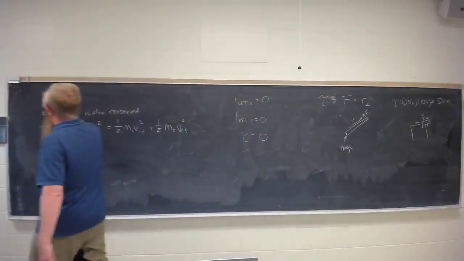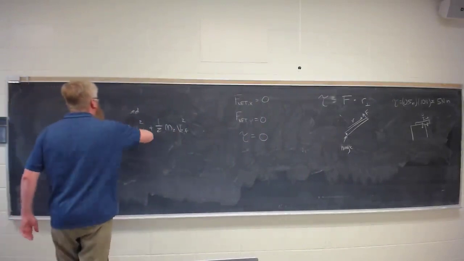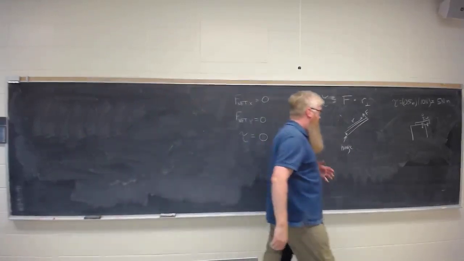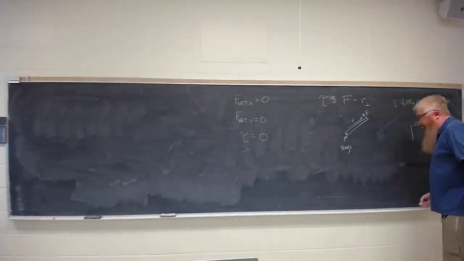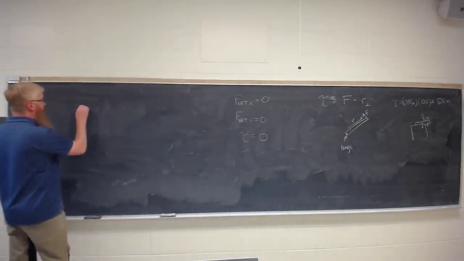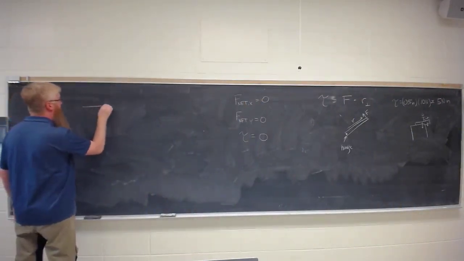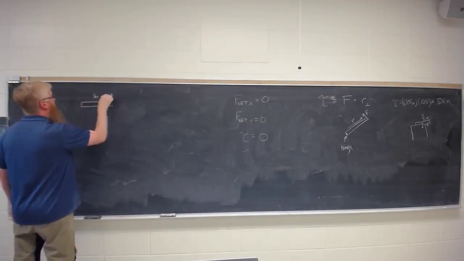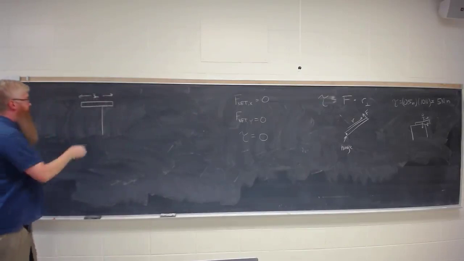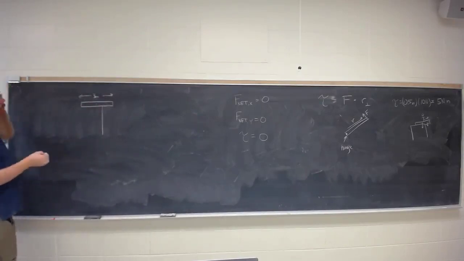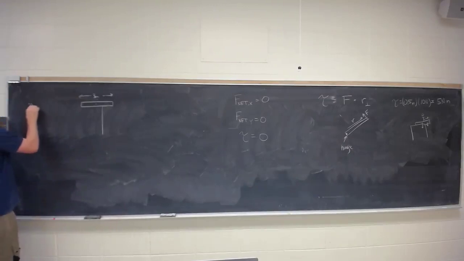Okay, let's actually do that example. We'll just put numbers on it. So we have a board. Let's say the board is 3 meters long, sticking 1 meter over the edge of a cliff. This whole thing is 3 meters. And let's say the mass of the board is 10 kilograms.